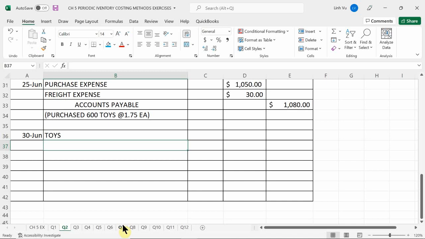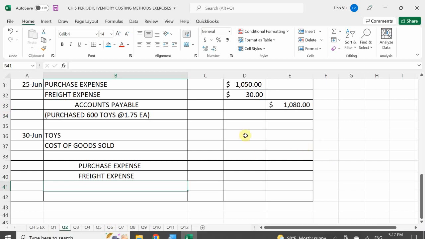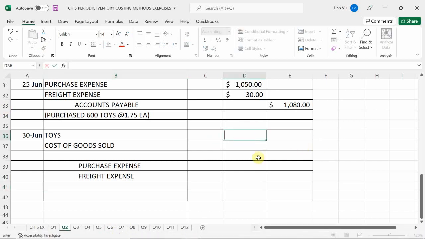We also have to acknowledge that we sold some toys along the way, okay? And of course, we also have a purchase expense, right? That's what we've been practicing, our purchase expense. Okay? And we also have our freight expense. So in this case, let's go ahead and plug in our numbers here.